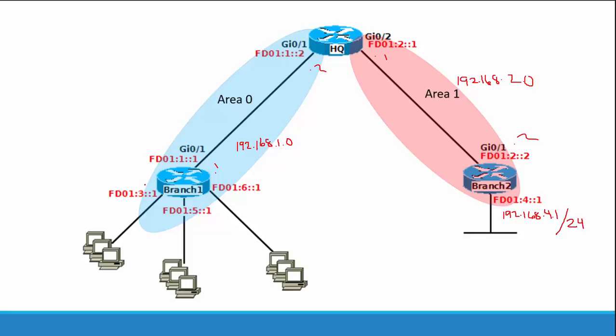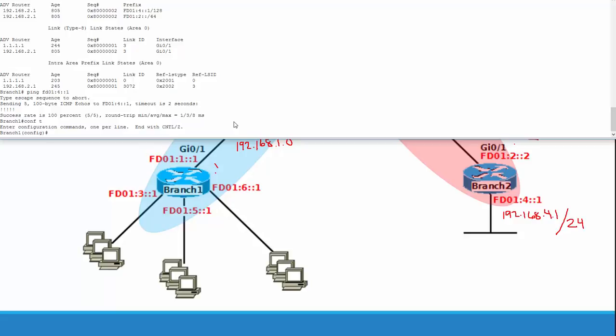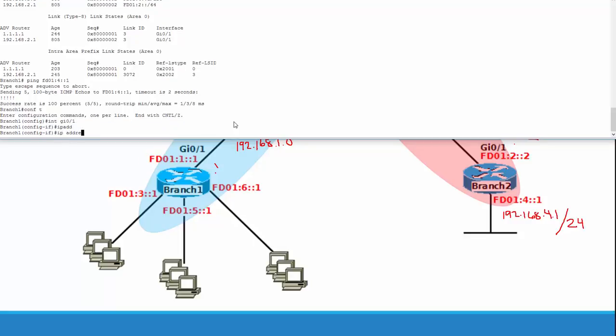So we'll go ahead. I haven't configured them yet. Why don't we just go ahead and do it together on this side. I haven't put any of the addresses. I know you know how to do it, but let's just do it real quick. So it's int 0/1. The IP address here then, 192.168.1.1, 24-bit subnet mask.